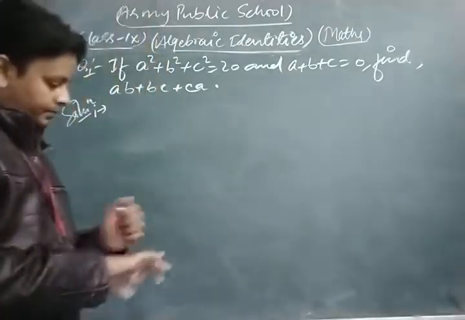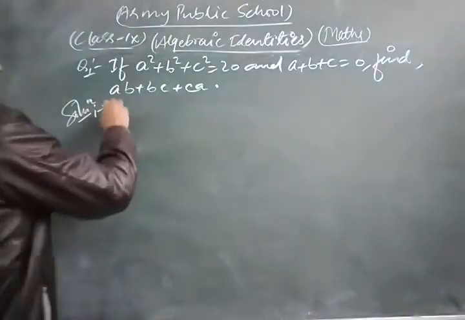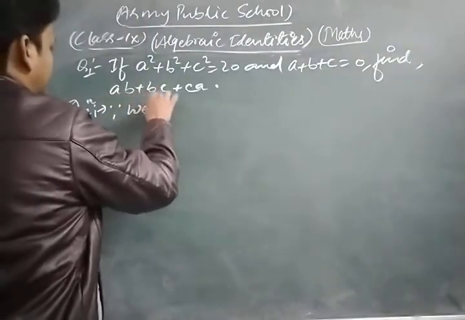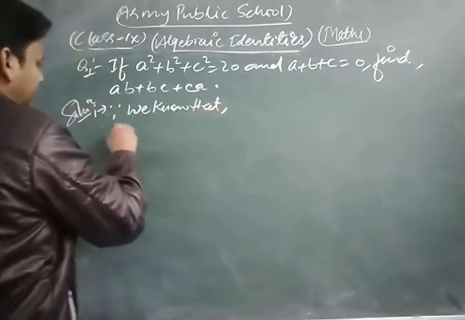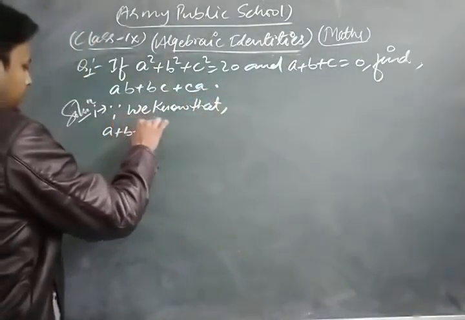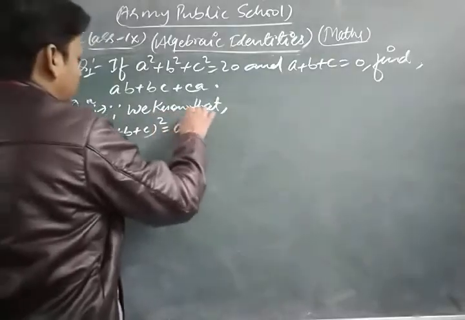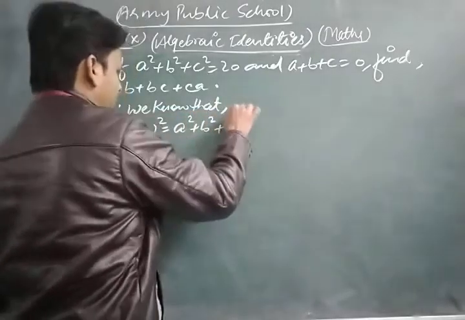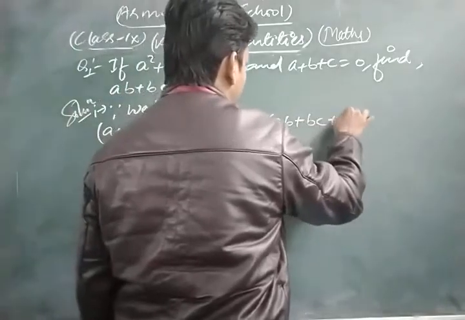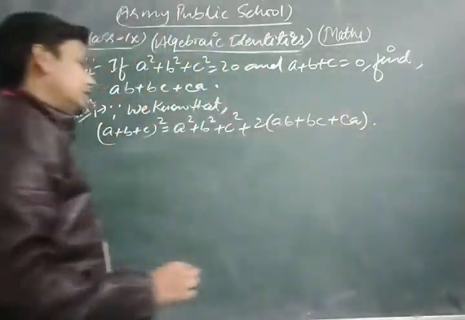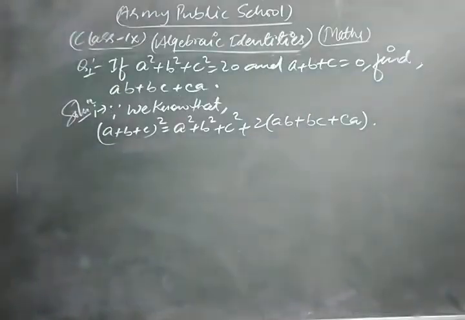Now look, first of all we know that the identity a plus b plus c whole square is equal to a square plus b square plus c square plus 2 times ab plus bc plus ca respectively.